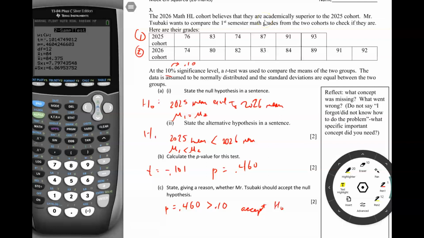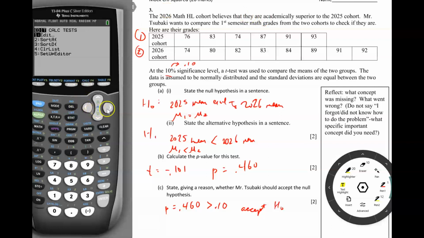Maybe we're better, maybe we're worse, but we're not the same. So in that case, what you would do is you would do stat test, and you would choose option 4, and you would choose the not equal to option. So then the alternative hypothesis that the 2026 cohort is not equal to the 2025 cohort.